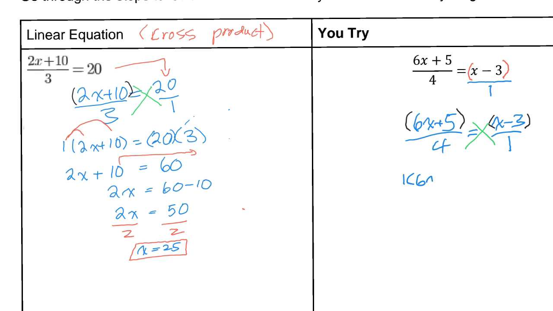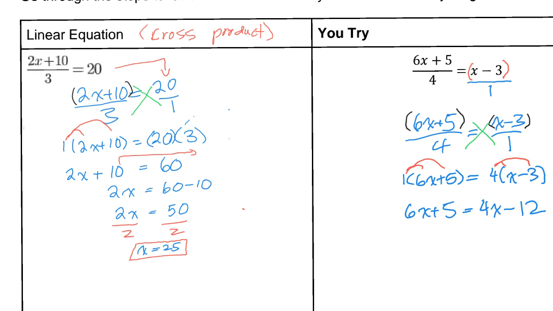1 times 6x plus 5 is equal to 4 times x minus 3. So now we're going to take 1 and distribute into the first bracket. So you're going to get 6x plus 5 is equal to, now take the 4 and multiply everything in this bracket, 4x minus 12.